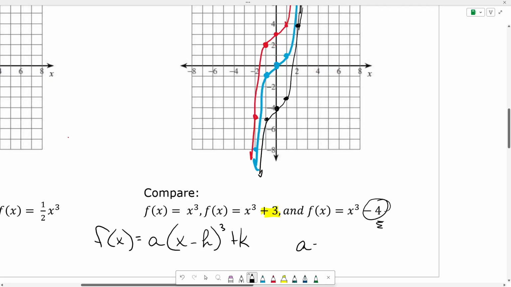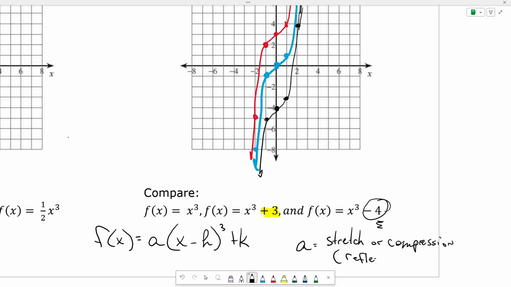A either does a stretch or compression, I can spell compression, and a reflection if negative.